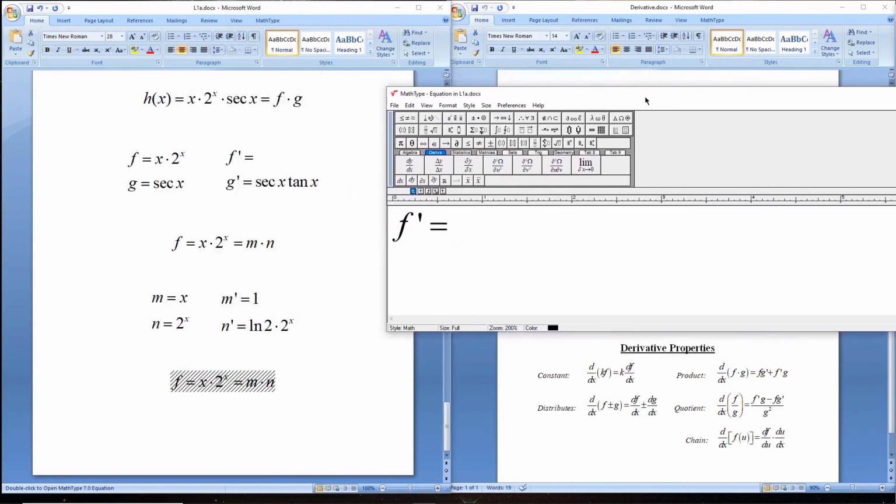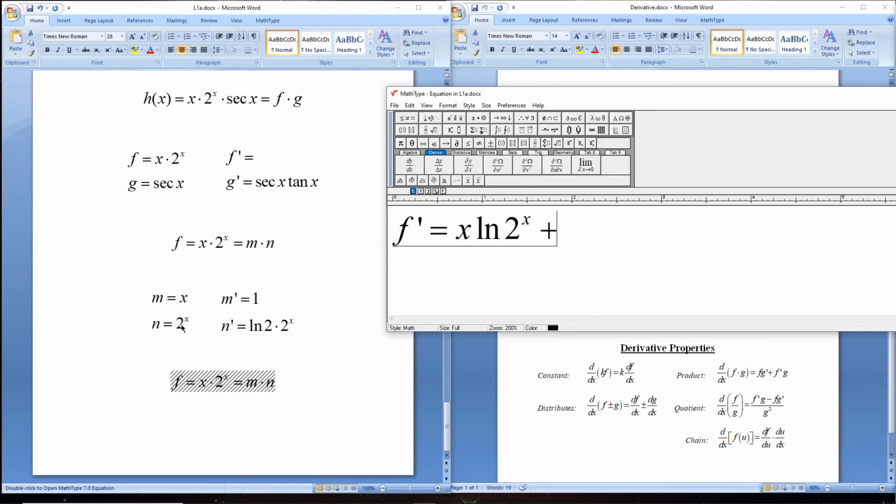So the derivative of f, looking down here back at the product rule. Now, of course, I'm using M and N's now because we already used f and g's. So the product rule says we first do m times the derivative of n. And then plus the derivative of m. The derivative of m is 1 times n.